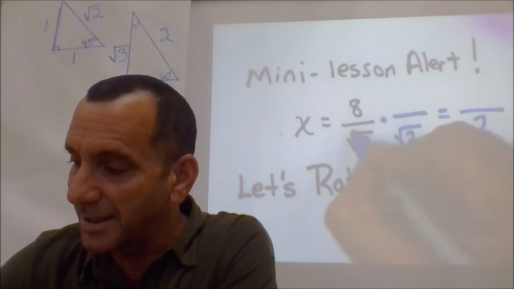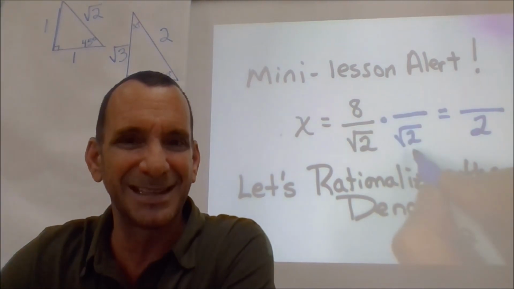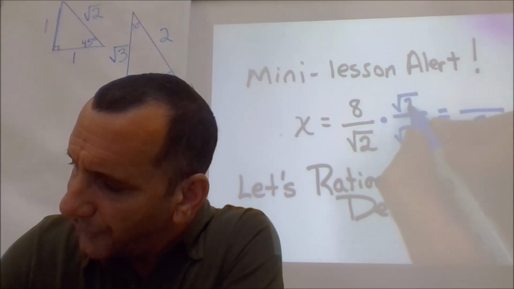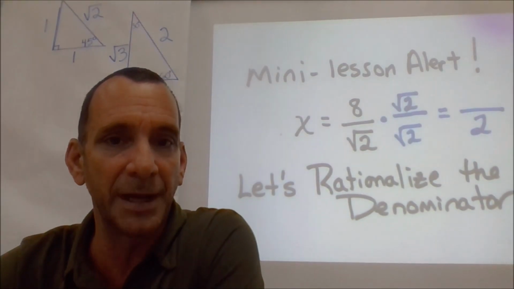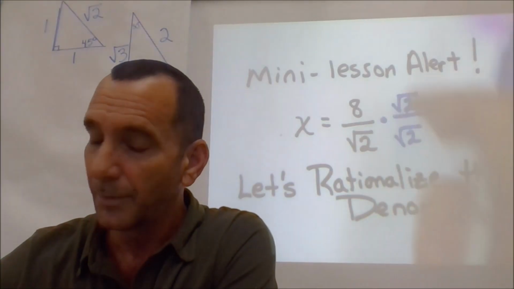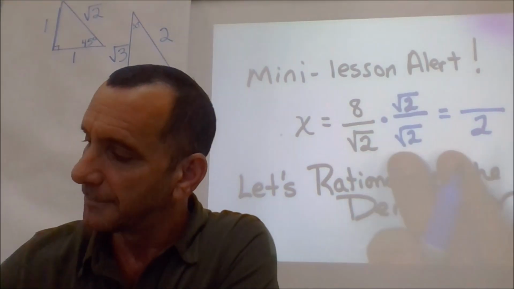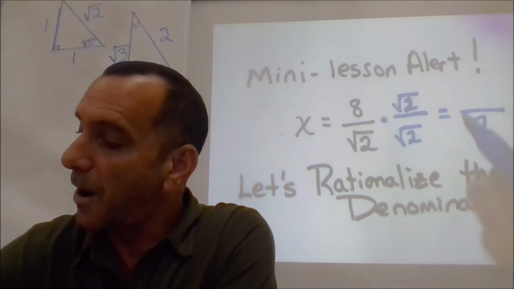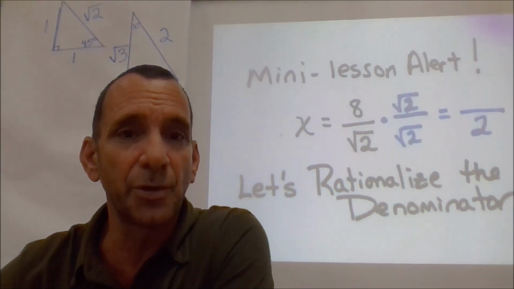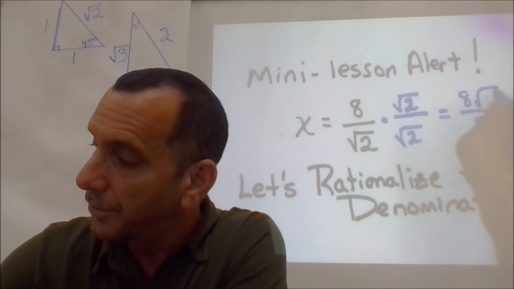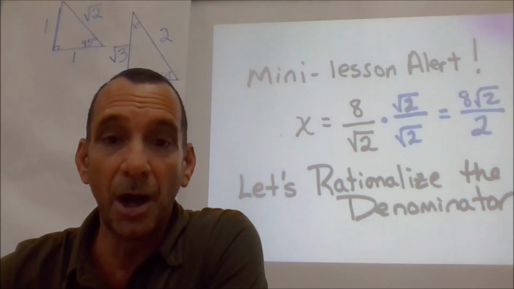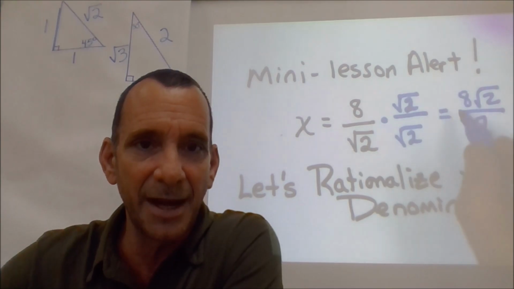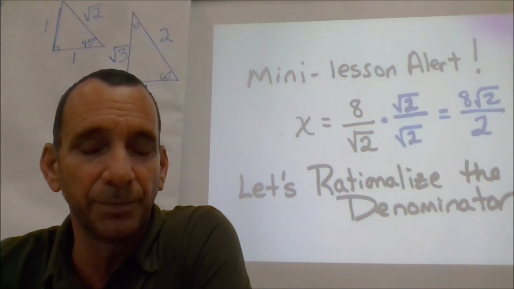But I don't want to mess up this expression by multiplying the denominator by the square root of 2. So I'm going to also multiply the numerator by the square root of 2. Very simple process to rationalize the denominator. Now, 8 times the square root of 2, 8 square root of 2. Done. Uh-oh. Can I reduce this 8 and this 2 because they are both outside of the radical whole numbers?